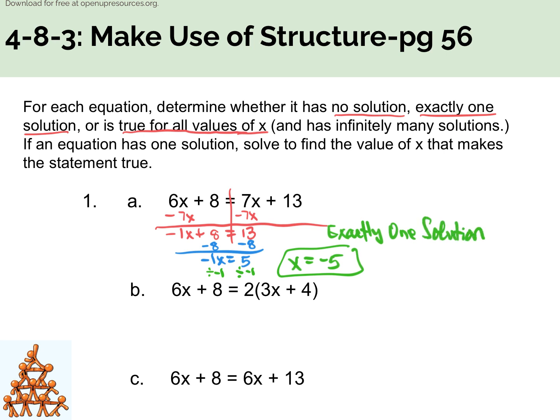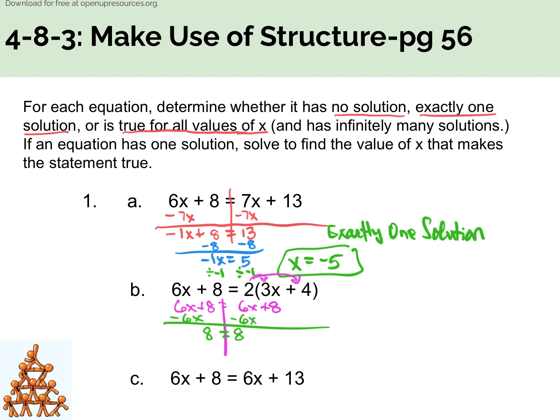All right, so let's look at the second one, B. Let's multiply in our 2. So we have 6x plus 8. Again, I like to move my variables onto the left-hand side, so I'm going to subtract off 6x from both sides. As long as you come down here, your variables are gone, and then you have to read the statement.